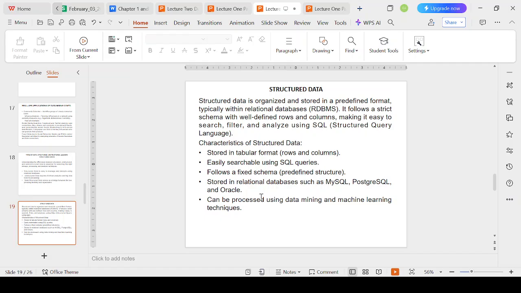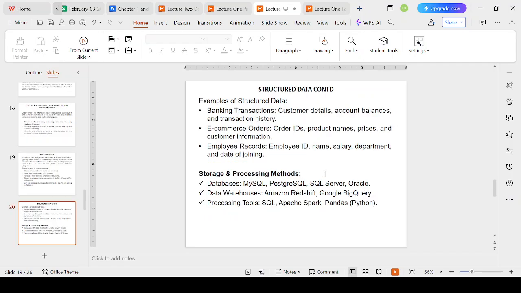It is stored in relational databases such as MySQL, PostgreSQL, Oracle, and the rest of the relational database tools, and can be processed using data mining and machine learning tools.